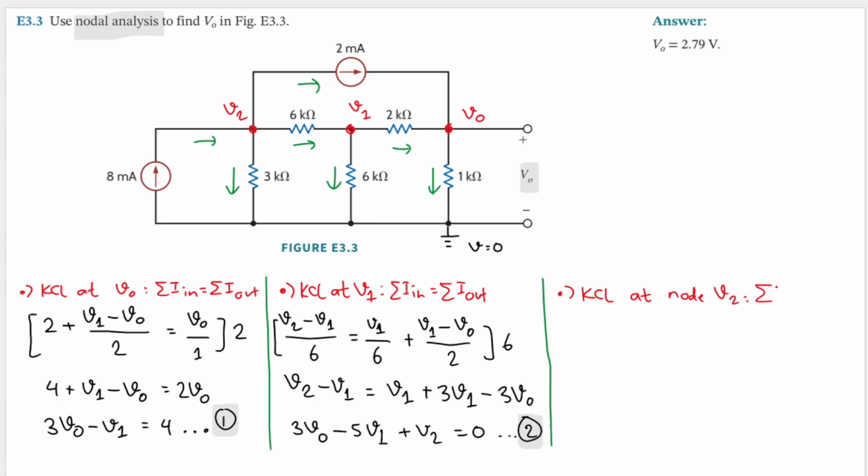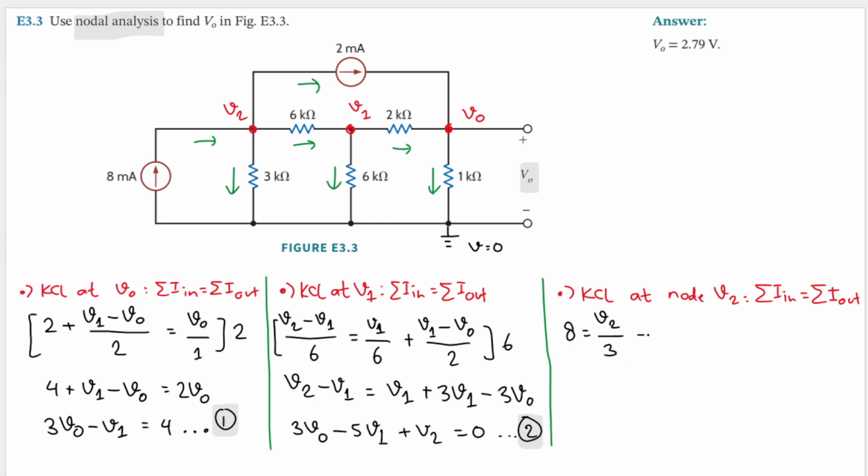KCL says that the sum of the current that goes in will equal the sum of the current that goes out. Now, the only current that goes in is this one, so I will have 8 on the left hand side. And then we will have this current here, which is V2 minus 0, which is V2, divided by the resistance between them, which is 3.